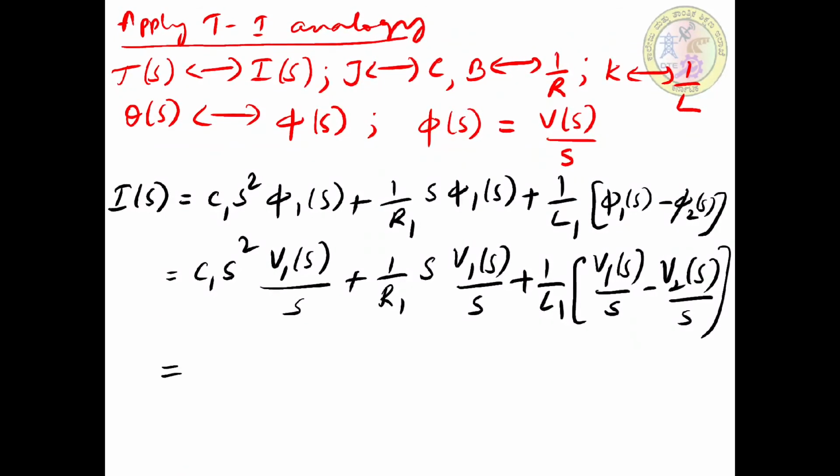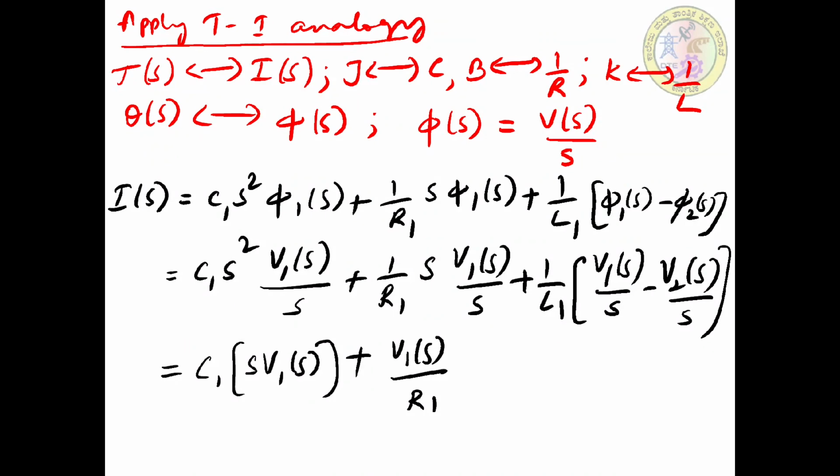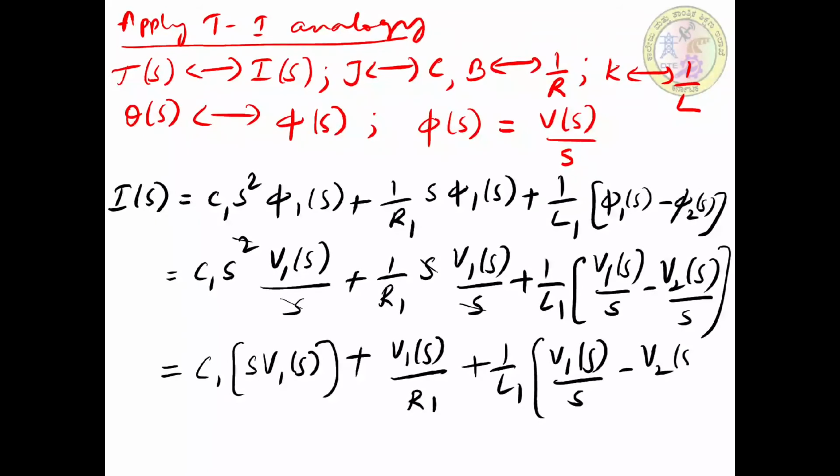Okay, so wherever s cancels, we can cancel that and write a reduced form, plus here v1 of s by R1, because here s cancels, here s cancels, so the last term is the same, v1 of s by s minus v2 of s by s. Okay, so now this is an important relation. Take it as equation 5.